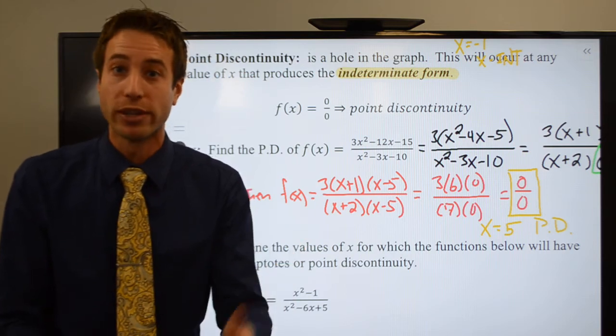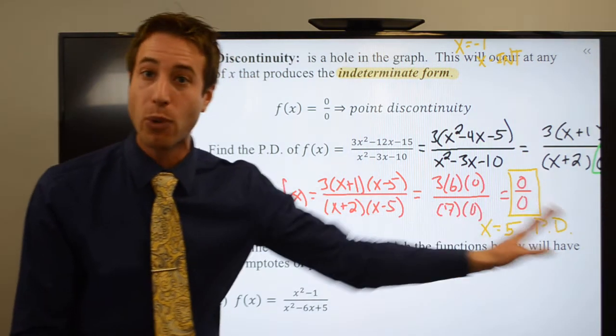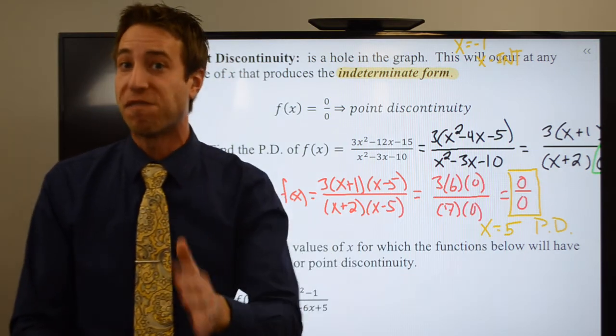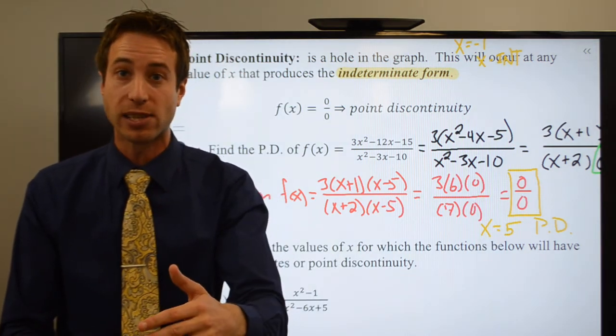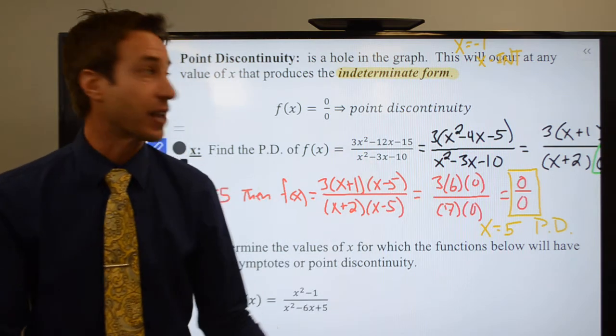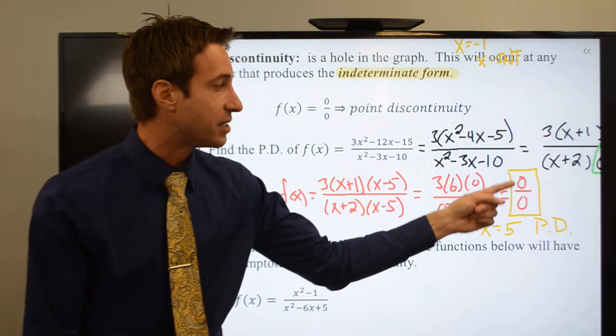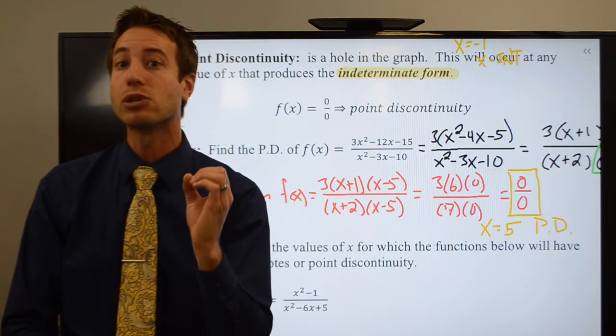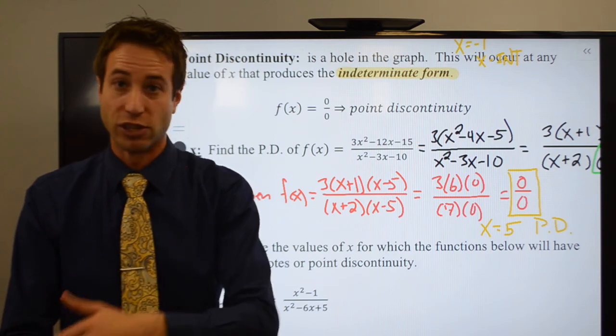So that's why there's a hole in the graph. It exists everywhere else. Pick any value of x you want to, you'll get some function value. Y will be equal to something. But when you plug in x equals 5, you get nothing. You get this indeterminate form, 0 over 0. The function doesn't exist, and that shows up as a hole in the graph.